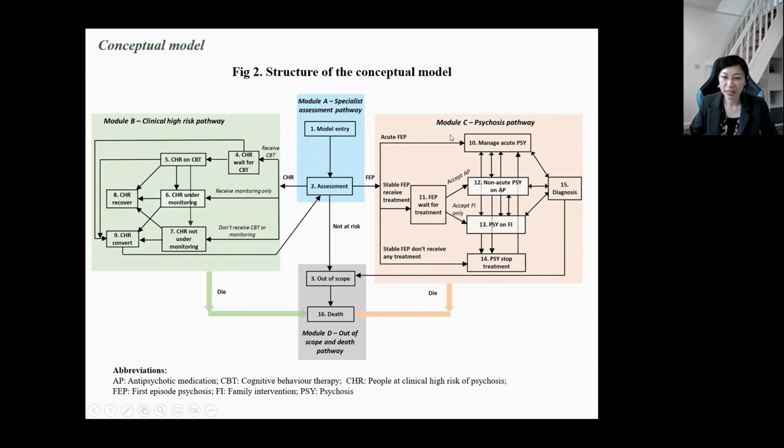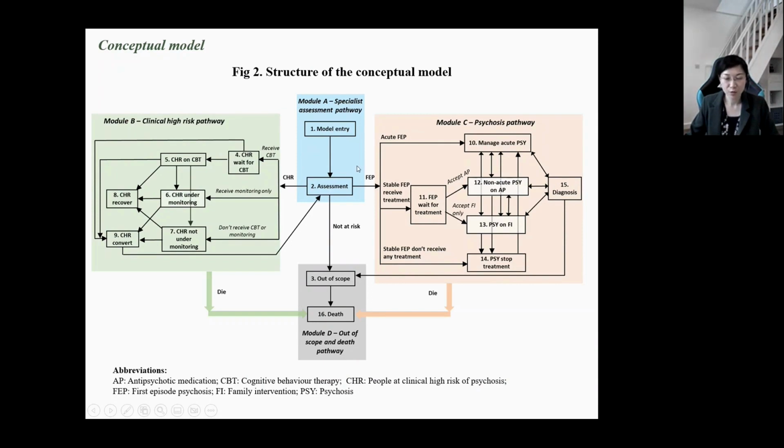For people in Module C, if later on they receive a non-schizophrenia diagnosis, such as bipolar disorder or depression, they will be moved to Module D, out of scope and the death pathway. Patients who died in Module A, B, or C will also be moved on to Module D. So that's the conceptual model.